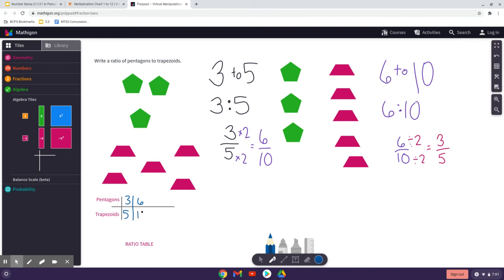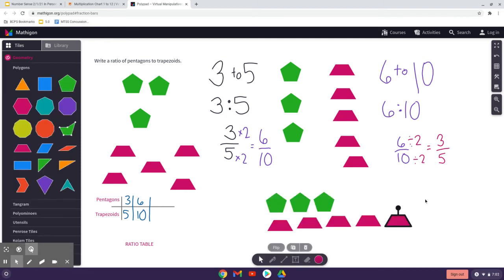If I wanted a third round or duplicated a third time, then I could actually do that as well. And that looks like this right here. And notice I have another equivalent ratio. I've duplicated my original 3 to 5, 1, 2, 3 times now.